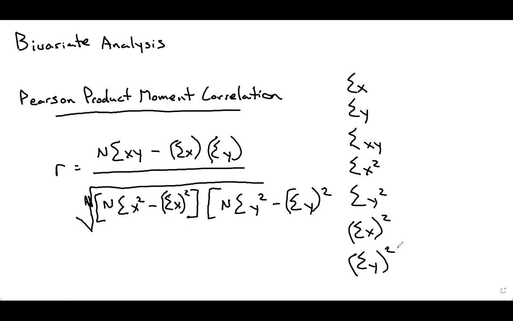These are all the numbers that we need. Oh, and we also need N. That's needed. So we need all of these things. We have to calculate all of these numbers before we can plug them into the formula and calculate the statistic. So I'm going to erase this formula. If you need, please pause this and write it down if you haven't done so yet.